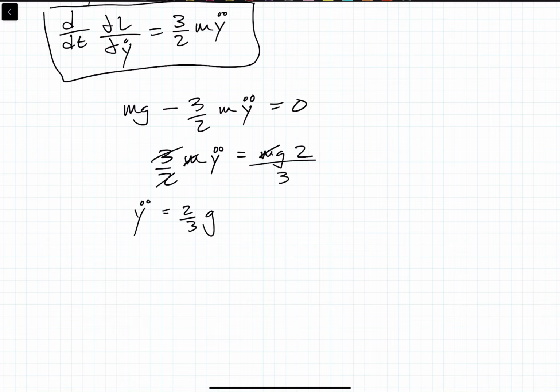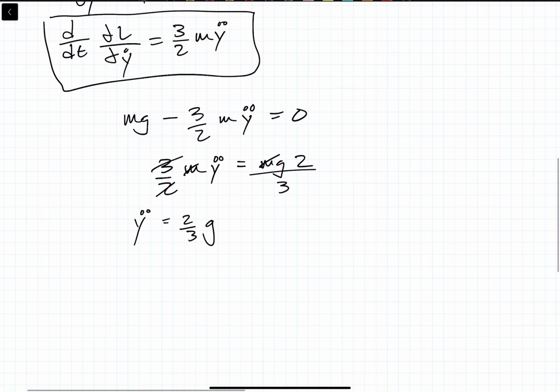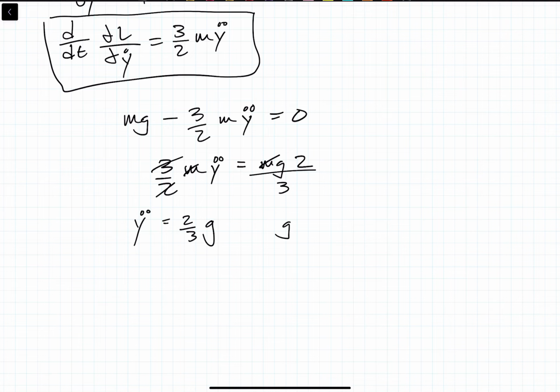This is an equation of motion showing that the cylinder is accelerating downward with a value of 2/3 g, where g is the gravitational acceleration close to or near the Earth's surface.